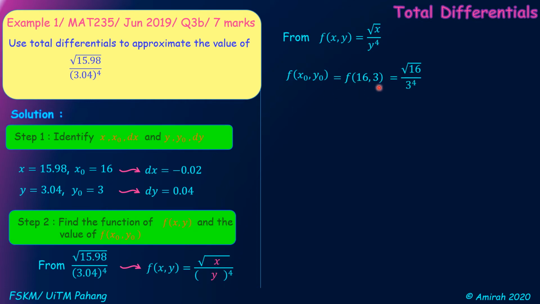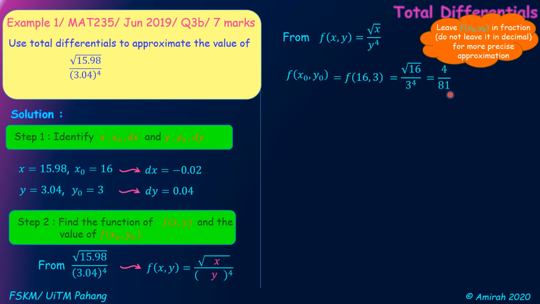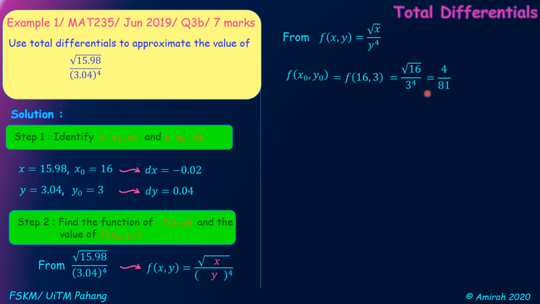So we just replace x with 16 and y with 3. After we simplify, we get 4 over 81. We leave f(x0,y0) in fraction, not in decimal, for a more precise approximation.